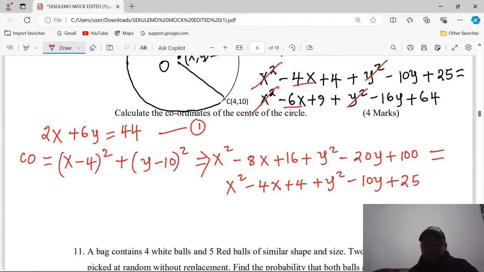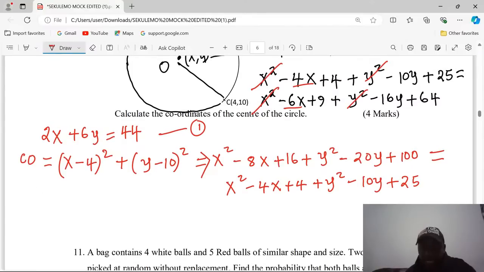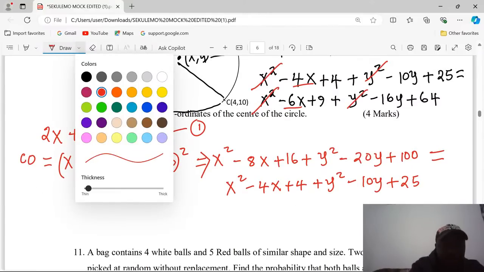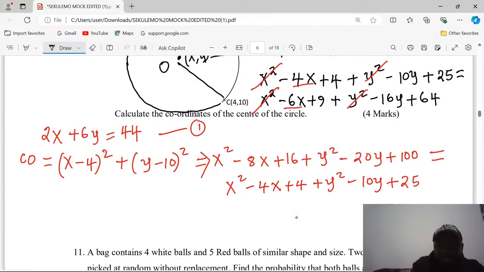So now we group like terms, let me show you how things will cancel out very easily. X squared and x squared will cancel. Then y squared taken to the other side, it will cancel with y squared. Now we are having negative 8x, then there is negative 8x plus 4x. That gives us negative 4x.